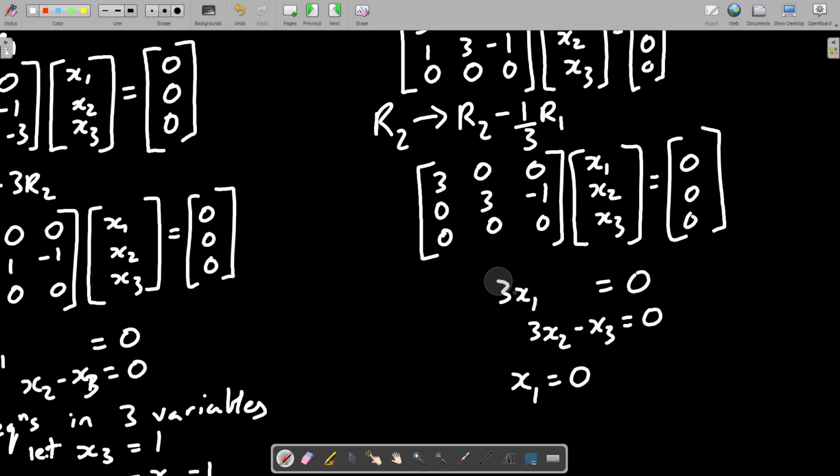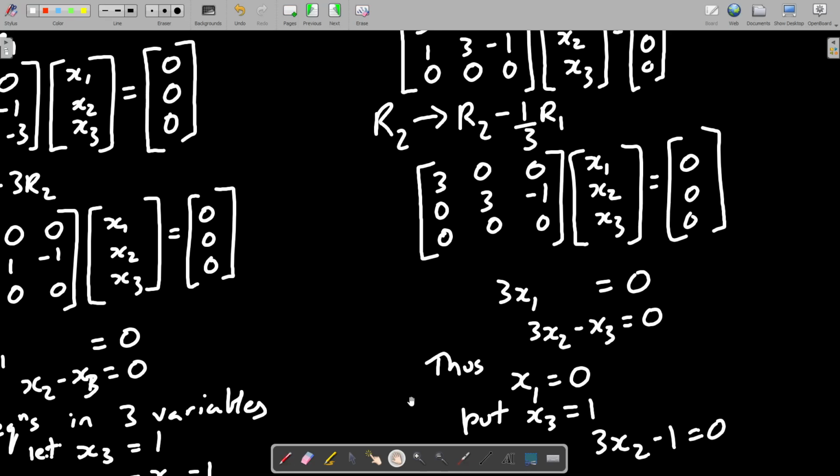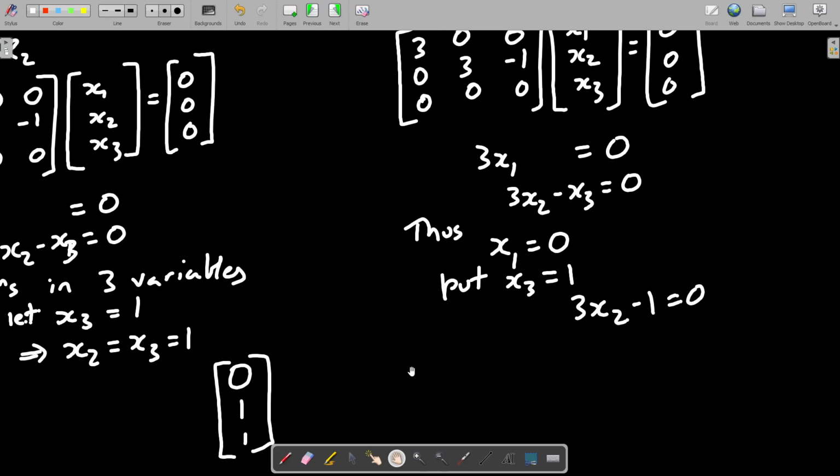This directly implies that 3x1 is 0, so x1 has to be 0. Here you have one extra variable, right? So put x3 as 1. So this will imply that 3x2 minus 1 is equal to 0. So take it on the other side, you'll get x2 is equal to 1 by 3.